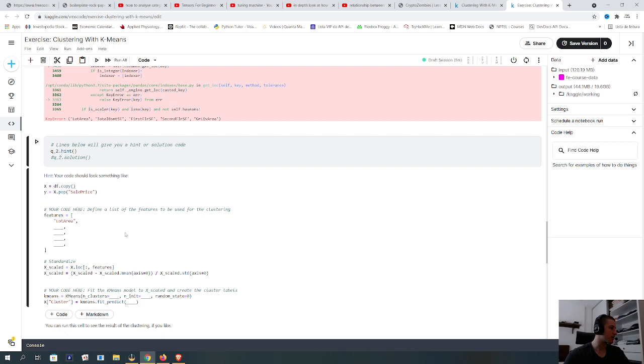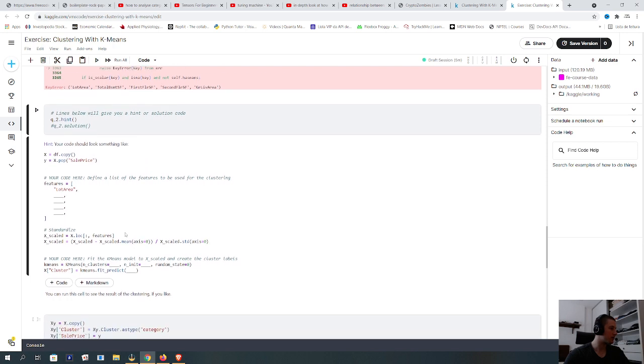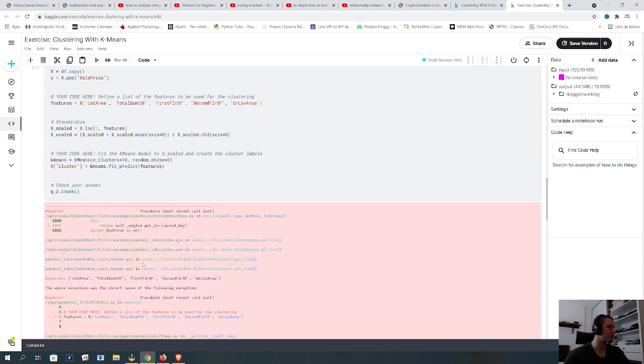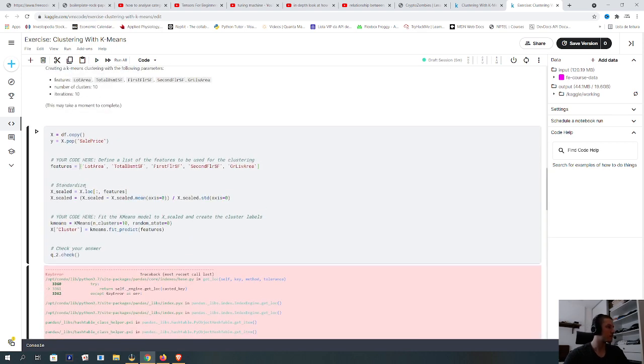So it doesn't have the X. And it needs n_init, which I forgot.